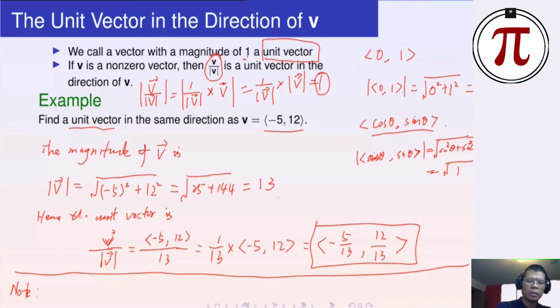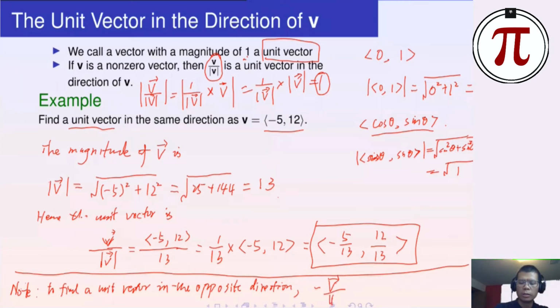To find a unit vector in the opposite direction, we do negative V over the magnitude of V. Just take the negative, inverse the signs, and then you can get this one.